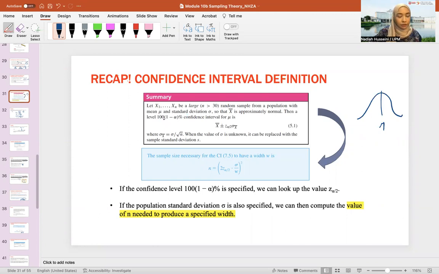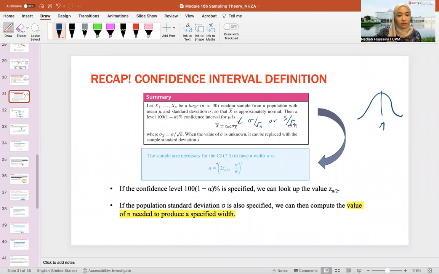Then a 100(1 minus alpha) percent confidence interval for mu is the sample mean plus or minus the z-score alpha over 2 times your sample mean standard deviation. If you don't have the population standard deviation, you can just use the sample standard deviation.